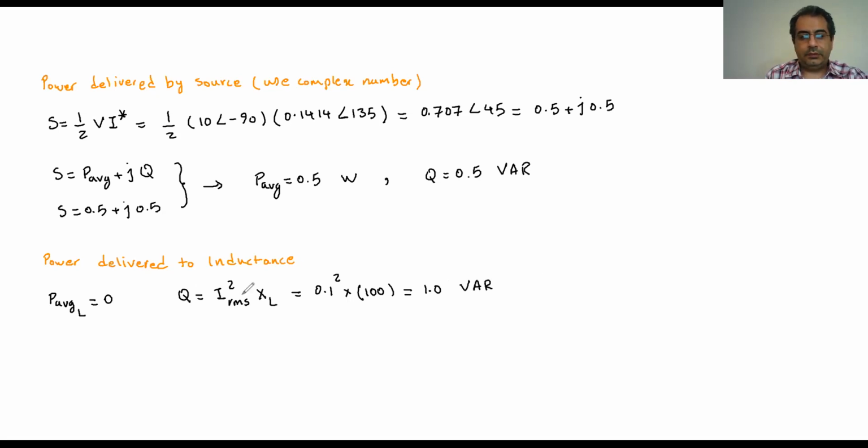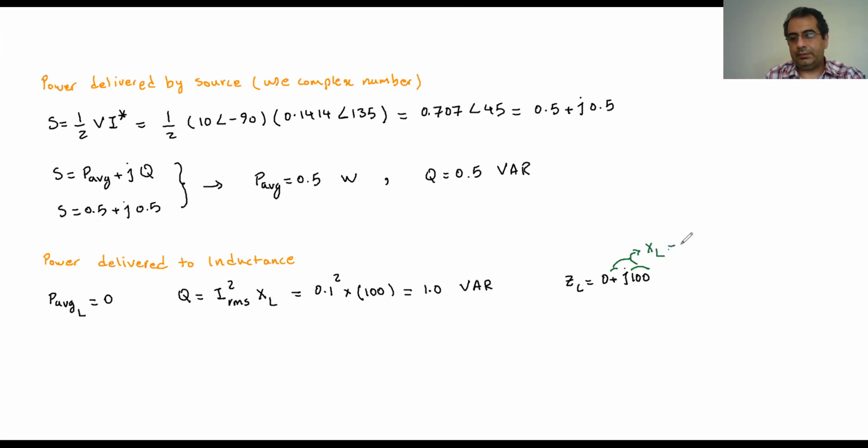So again, I'm going to write the ZL. I know the ZL is going to be 0 plus j100, and this is the XL with the sign.